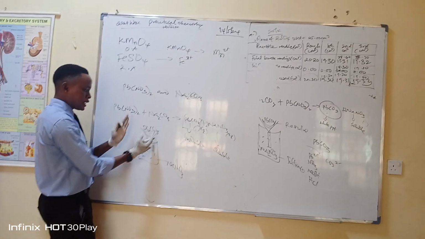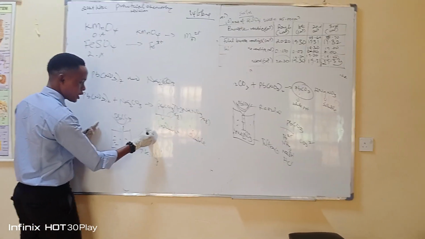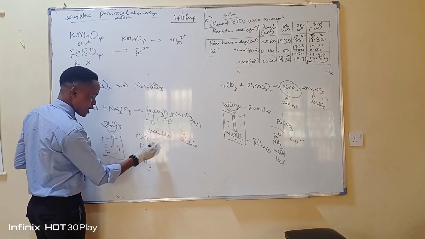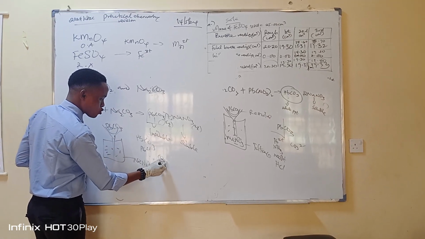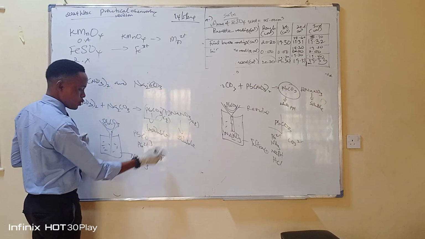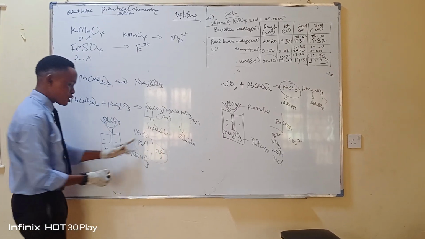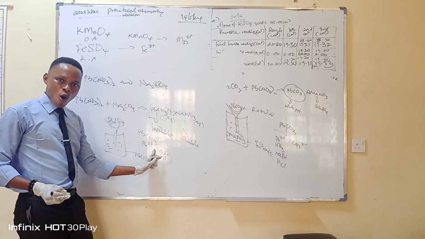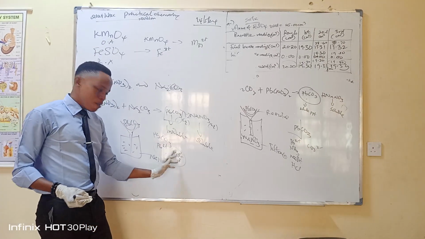Breaking down this compound, PbCO3, we will be asked to test for the presence of lead ions and trioxocarbonate 4 ions. These are the two things we are going to be asked to test for, in the presence of sodium hydroxide and ammonia, also HNO3.